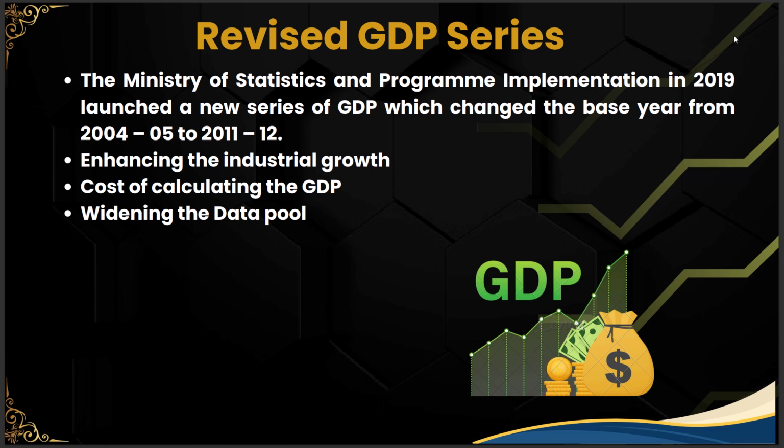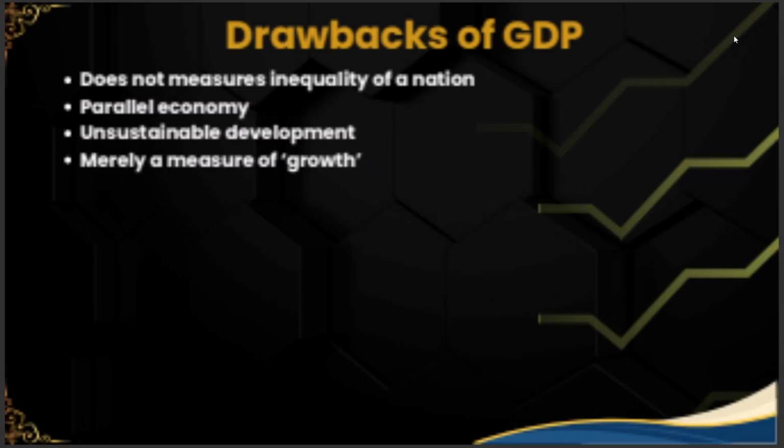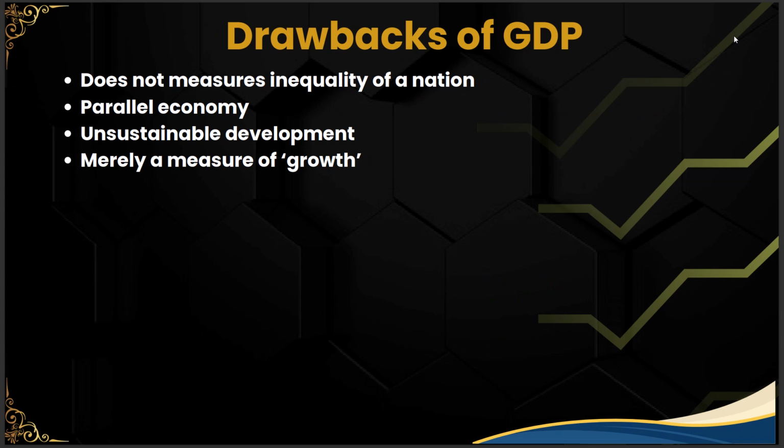It brought the new enterprise level into the GDP series, which very much helped in the growth of India in terms of GDP. This is something the new series brought into existence, with 2011-12 as the base year. So next is the drawbacks of GDP.